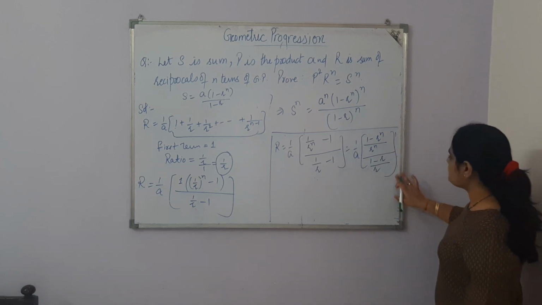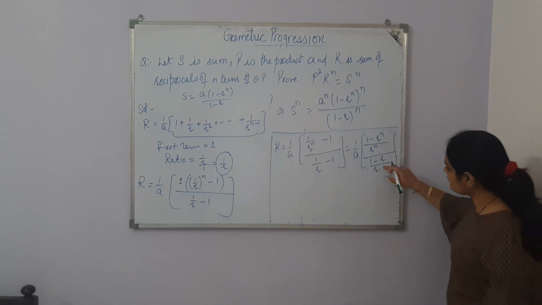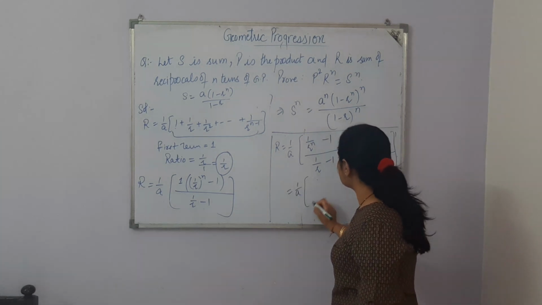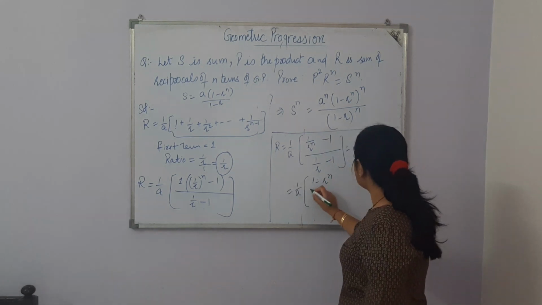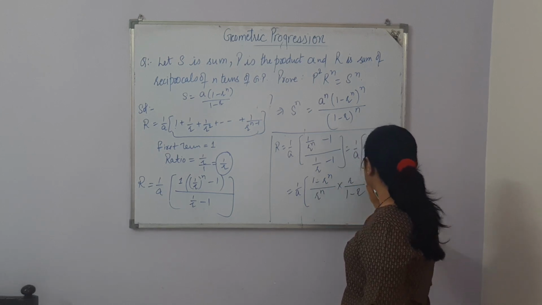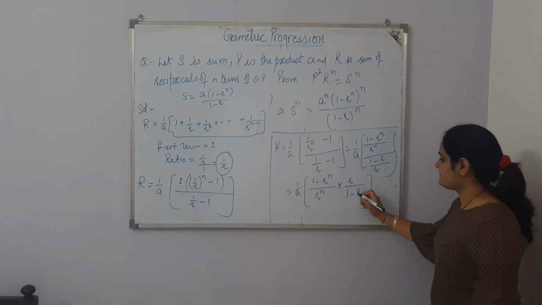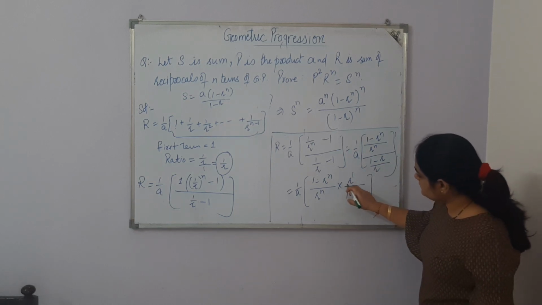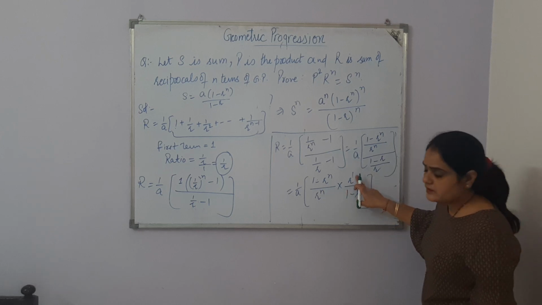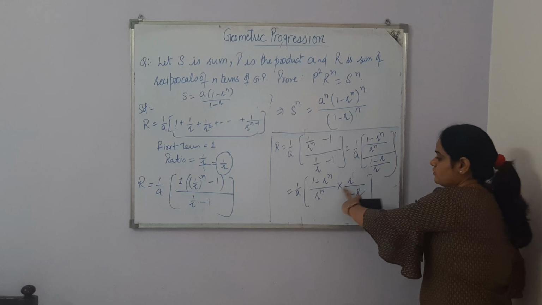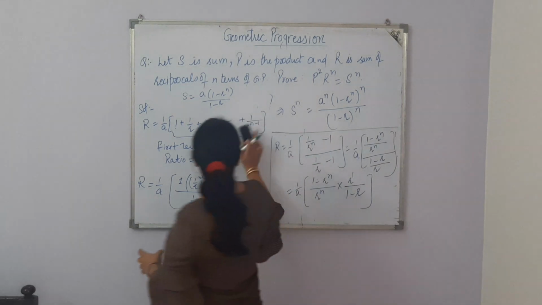Now again it is in the form of a by b upon c by d. Of course, when it goes with the multiplication symbol, it will reciprocate: (1 minus r raised to power n) upon r raised to power n, into r upon (1 minus r). Now bases are the same, and there is a division symbol because r is in the numerator and also in the denominator position, so it will subtract.